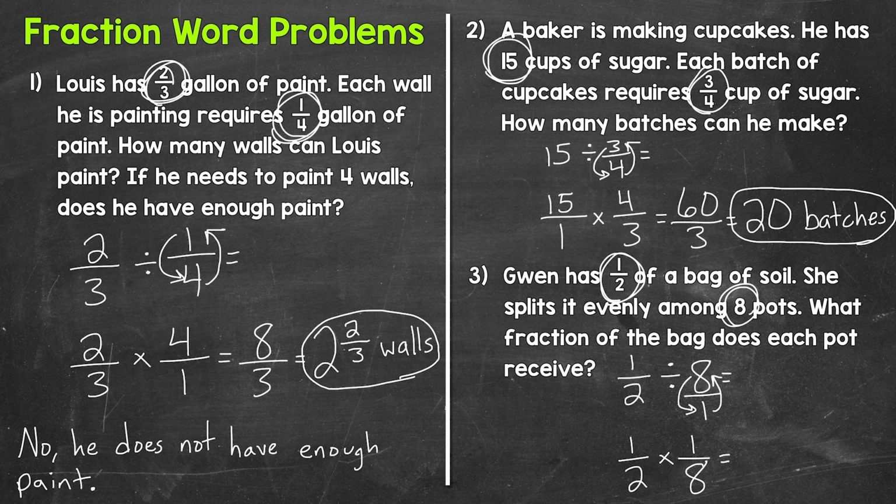Now we can multiply. So the numerators, 1 times 1 gives us 1. And then for the denominators, 2 times 8 gives us 16. So our answer here, 1/16. Looking back at the original question, what fraction of the bag will each pot receive? Well, 1/16 of the bag.